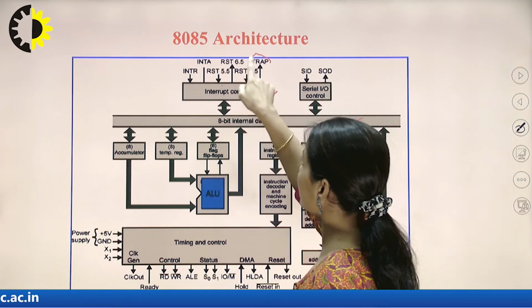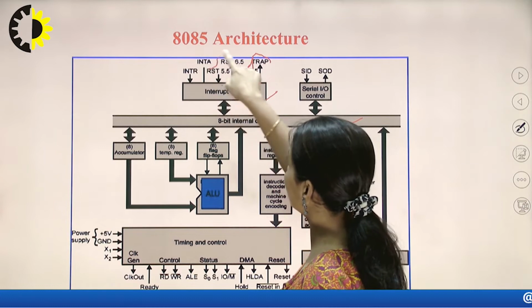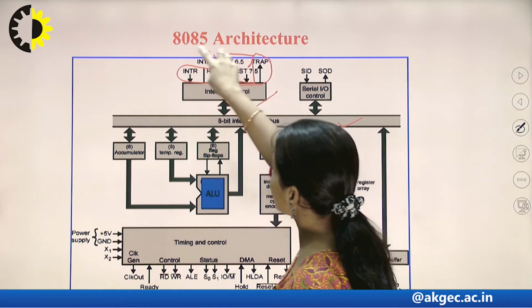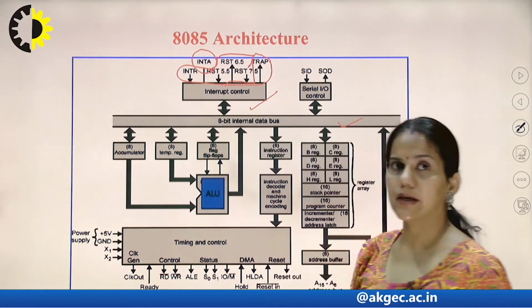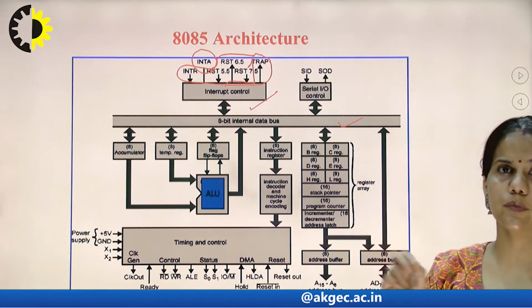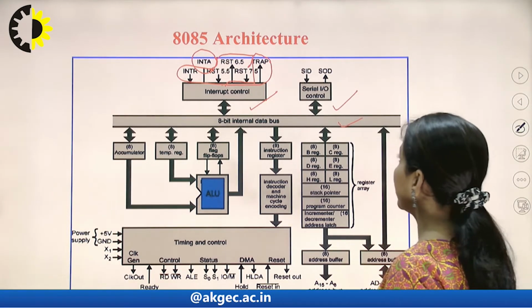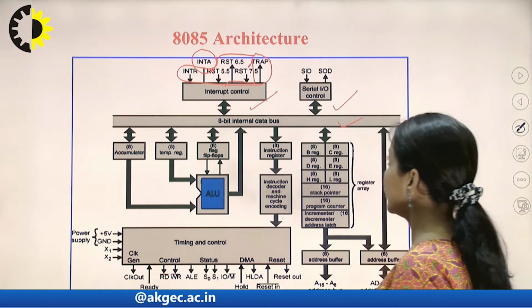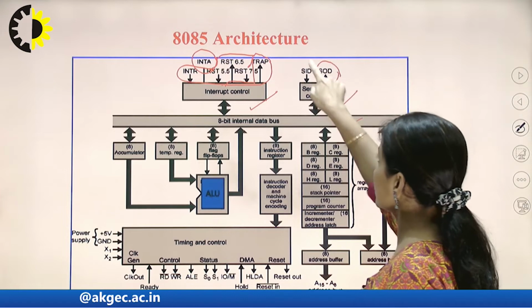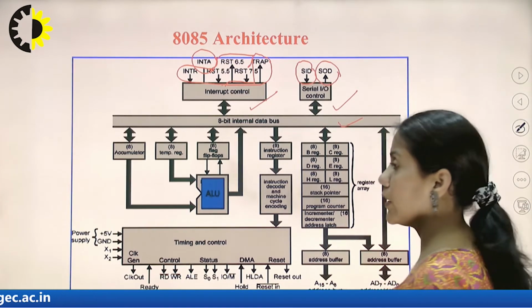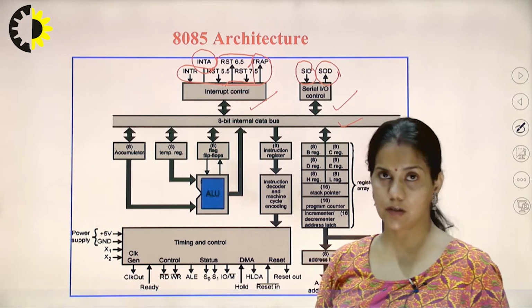These are all the hardware interrupts. This is INTA. What is INTA? INTA is the interrupt acknowledgement pin. Now, this is the serial input output control module, which has two pins, serial input data and serial output data. This module is used for the serial transmission of data.